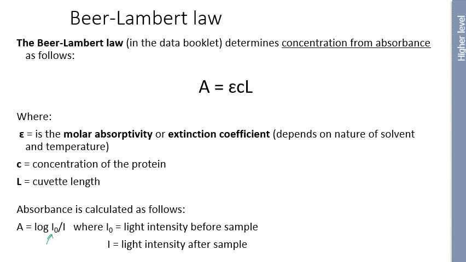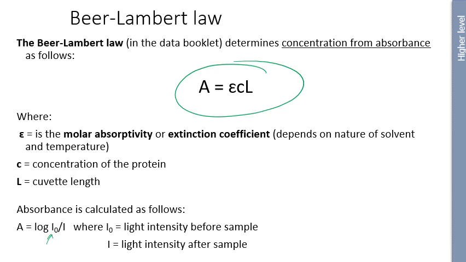The concentration C of the protein in the sample solution can be determined from the absorbance, therefore, using Beer-Lambert's law, where L is the cuvette length and epsilon is the constant known as the molar absorptivity or the extinction coefficient. I tend to use the term extinction coefficient, and that depends on the solvent nature and the temperature of the associated solution.